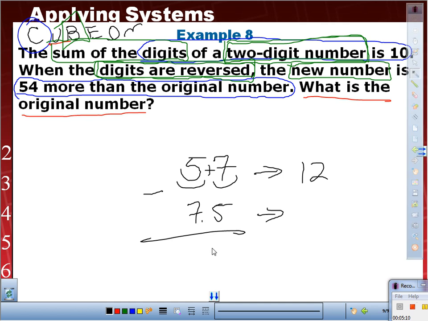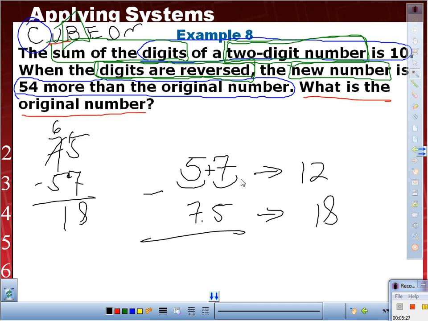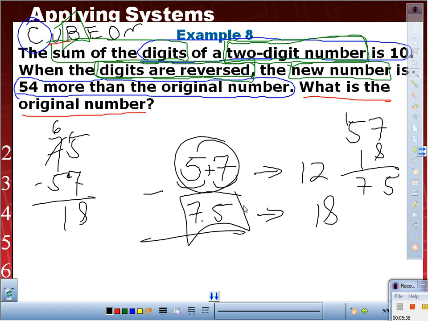How much more do we have on 75? So let me do that here. 75 minus 57 is 18. So the new number is 18 more than the original number. Let's see. 57 plus 18, is the new number 75? Yes.